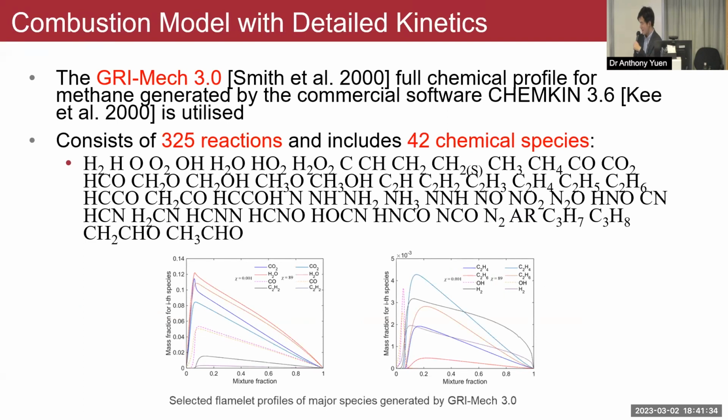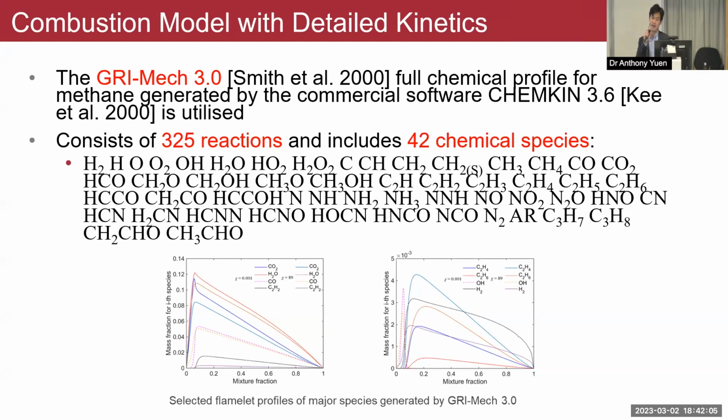But we spent all this effort to study and review all the very detailed, complex chemical compounds that are formed. So it will be advantageous if we do the same on the combustion side. That's why we propose using detailed chemistry, which is conveniently available in some commercial software such as ChemKin.